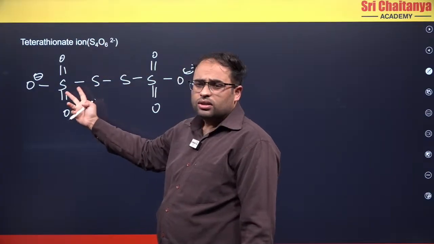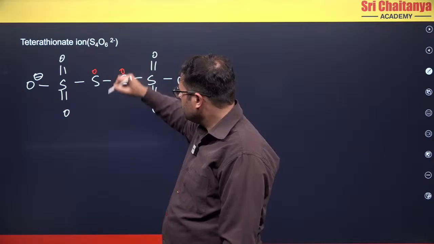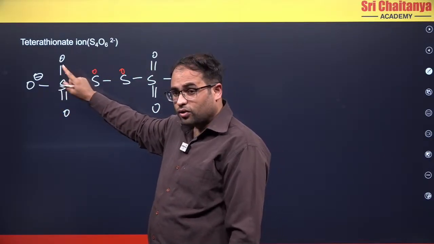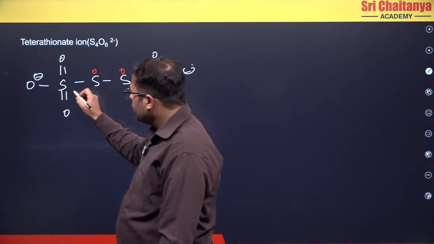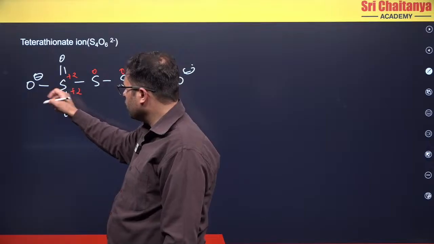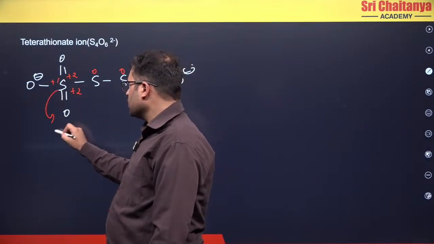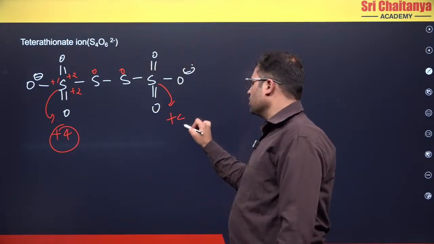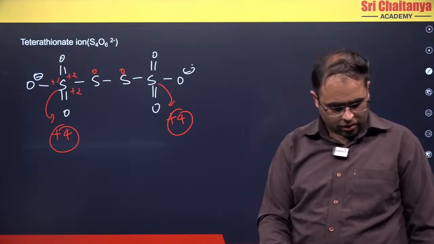Sulfur, sulfur, same electronegativity, so 0 oxidation state. Oxygen, 2 bonds, for each bond +2. So +2 here, +2 for this, and for here +1. So this sulfur is +4 oxidation state. This is also +4 oxidation state, and these two are 0 and 0.